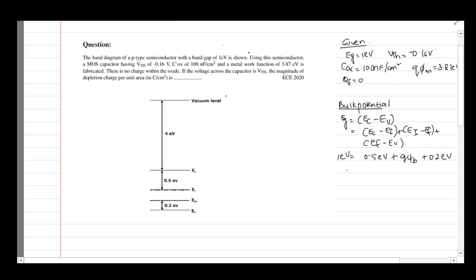So from this, we know that q psi b is 0.3 electron volt and the bulk potential is 0.3 volt. And the surface potential psi s is 2 times psi b. So that is 2 times 0.3, that is 0.6 volt.